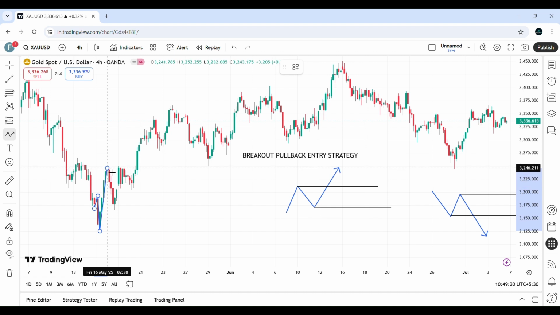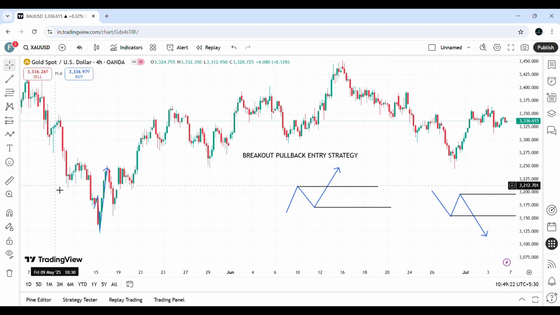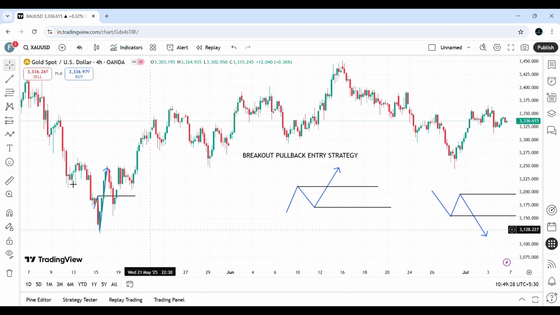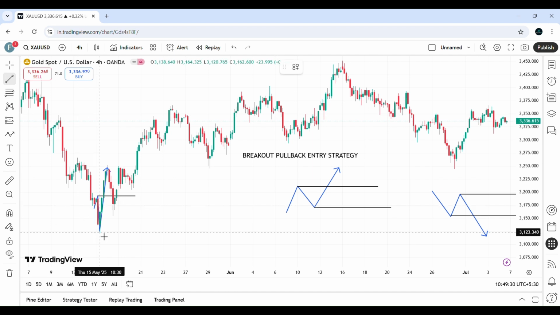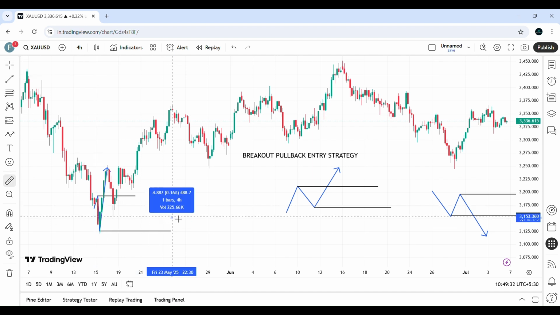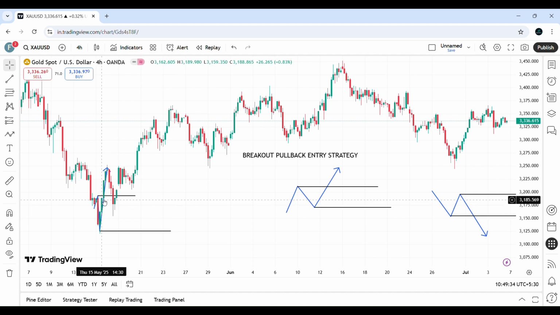So where is our neckline? You could easily see our neckline is right over here. Where did price return to? It broke a high, it returned, gave us a pullback, gave us an entry, and it flew.